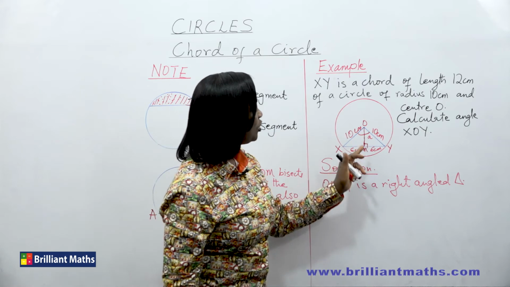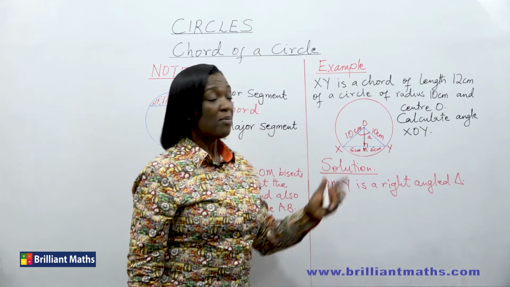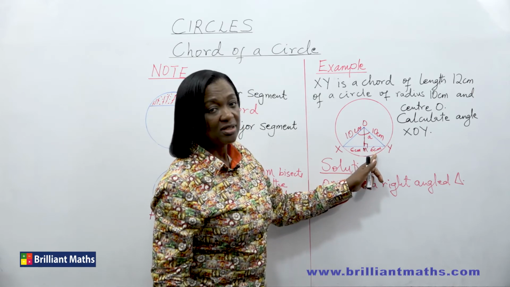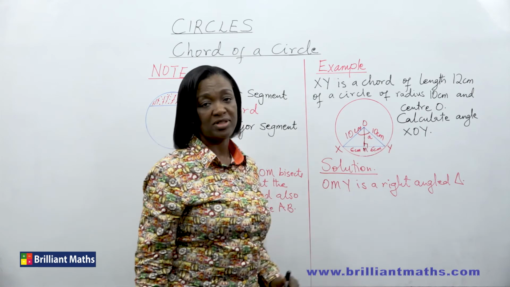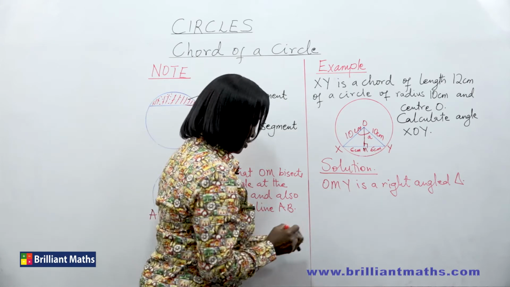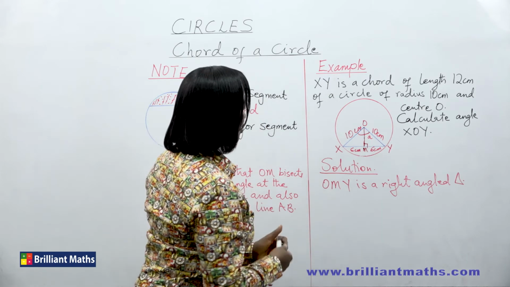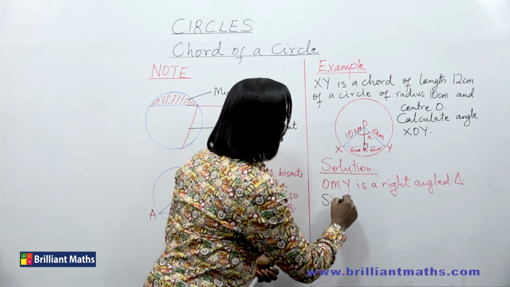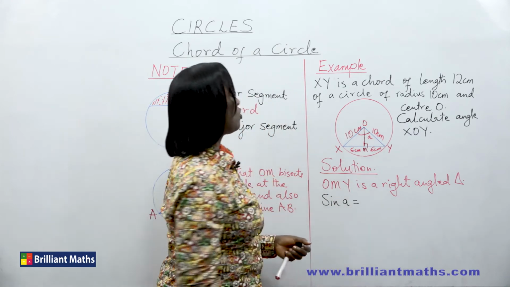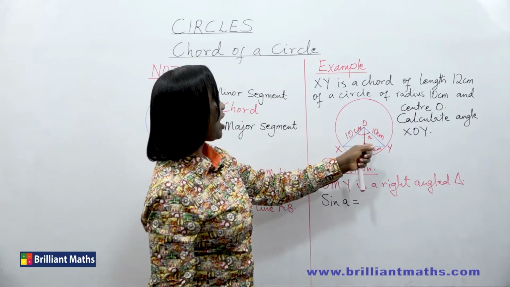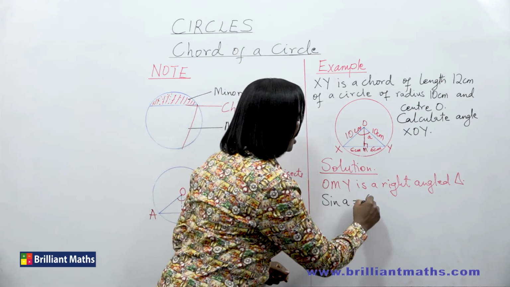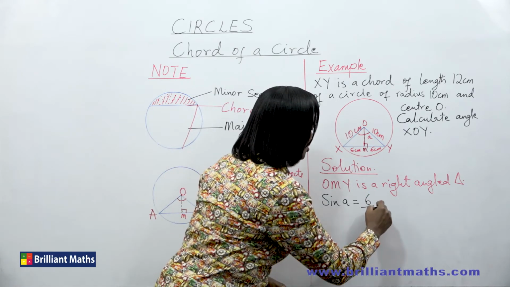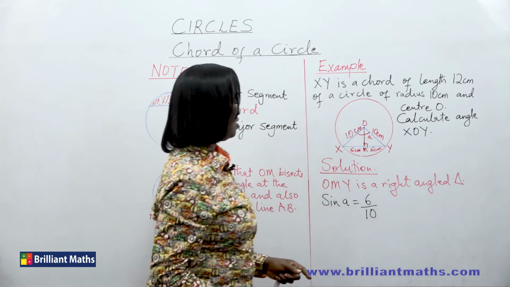Angle A can be found using SOHCAHTOA, because sine A is equal to opposite 6 centimeters over hypotenuse. You should remember that. The sine of angle A is equal to the line opposite angle A, which is 6 centimeters, over the hypotenuse, which is 10.